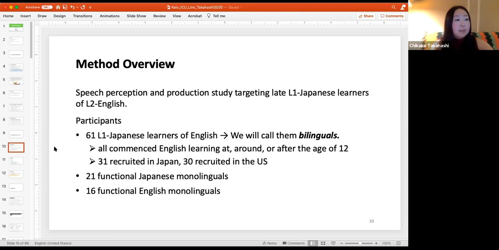All of them commenced English learning at around or after the age of 12. Half of them were recruited in Japan and the other half were recruited in the US. As controls, we recruited 21 functional monolingual Japanese and 16 functional monolingual English speakers.